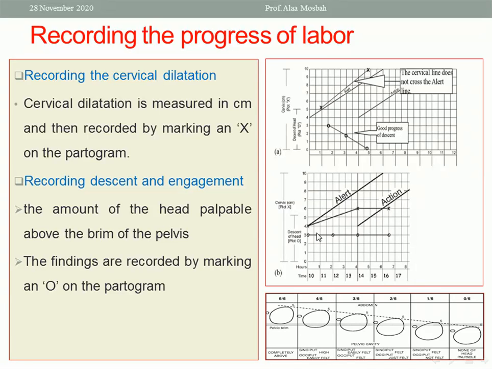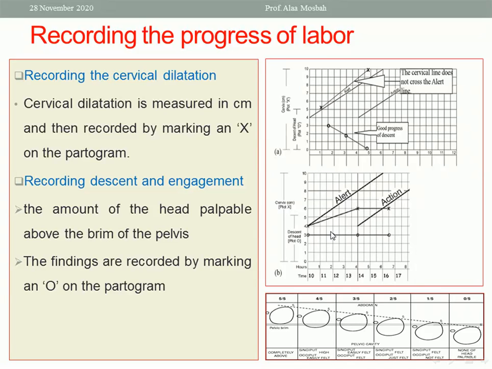What about descent of the head in this partogram? How many parts of the head are felt through the abdomen? 3/5 of the head. So the head is not engaged. After 2 hours, the same. After another 2 hours, the same. After another 2 hours, the same.